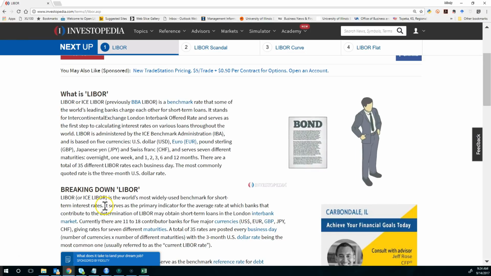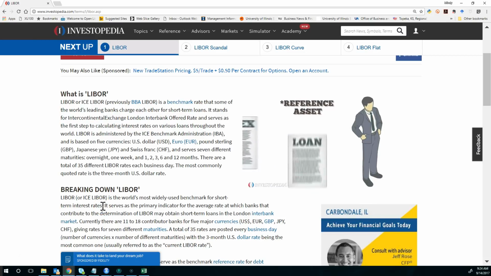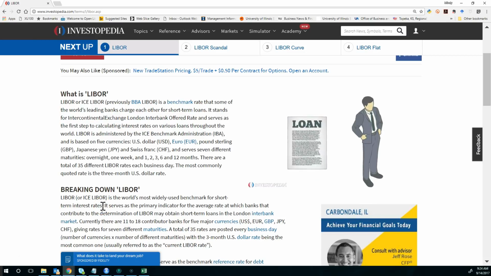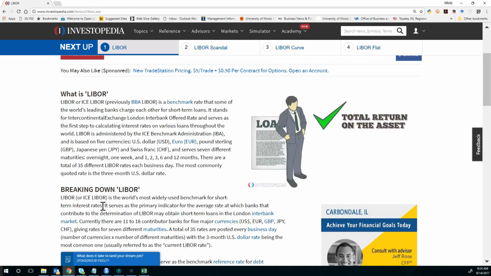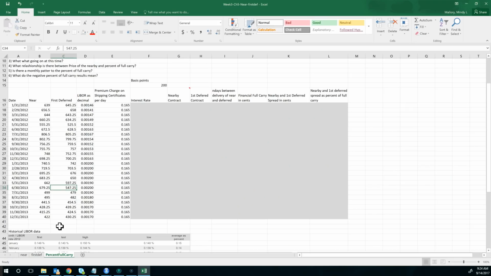And down here it says it serves as the primary indicator for the average rate at which banks that contribute to the determination of LIBOR may obtain short-term loans in the London interbank market. So it's a real interest rate and it's determined in the market and it's often used as a benchmark. So we're going to use it here to serve as the base of our interest rate in our calculation.